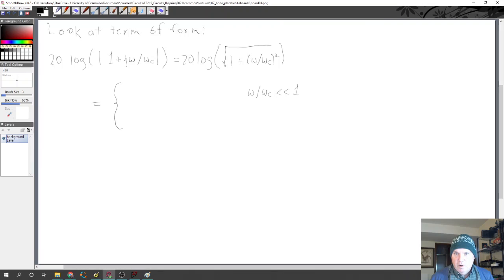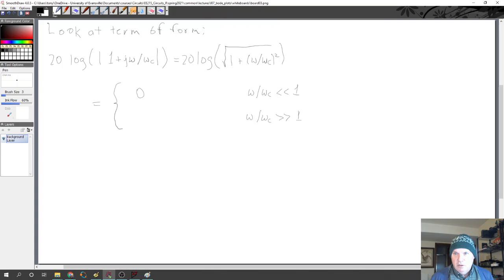I've got the square root of 1, and 20 log of 1 is 0. So for frequencies below omega c, I'm going to approximate this term as 0 dB.